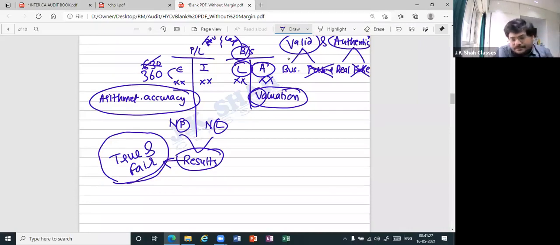Can you think? What may be the reason for that? Why true and fair? Why not correct? Come on, you already know the answer. Anybody? Bias? Not really. True and fair may be substance or form. Don't give me accounting standards at this point of time. Estimation, reasonable.